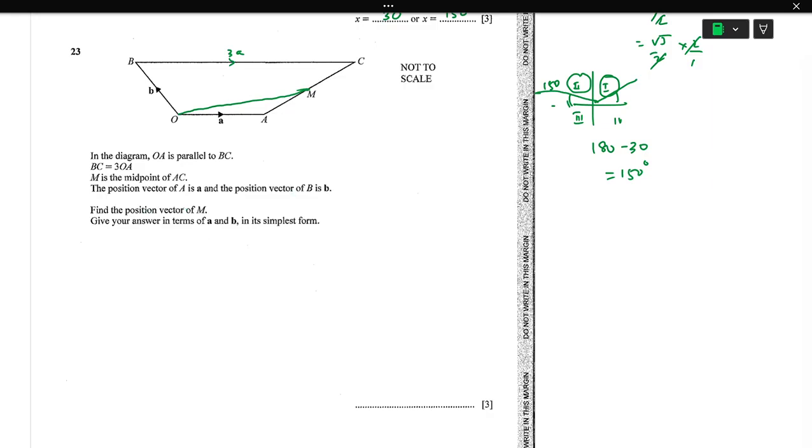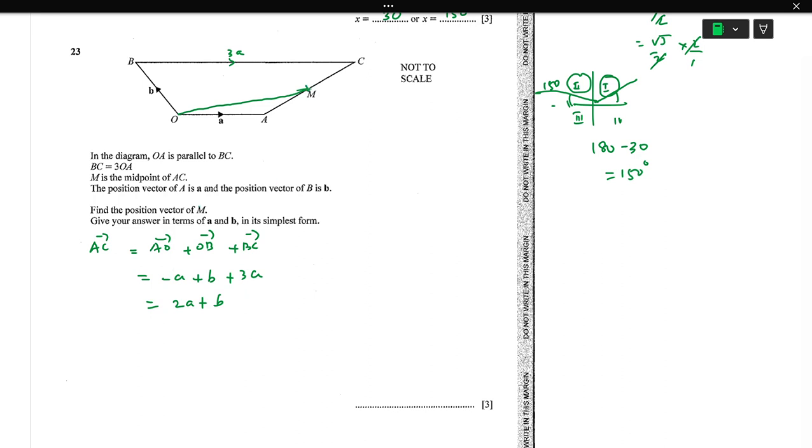First we'll calculate AC. AC equals AO plus OB plus BC, which is equal to negative A plus B plus 3A. So 3A minus A is going to be 2A plus B. That's the first step. Next I'll calculate AM.